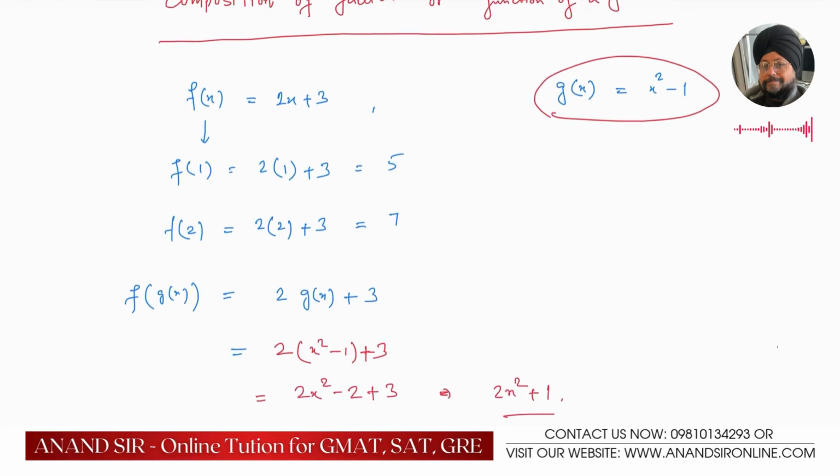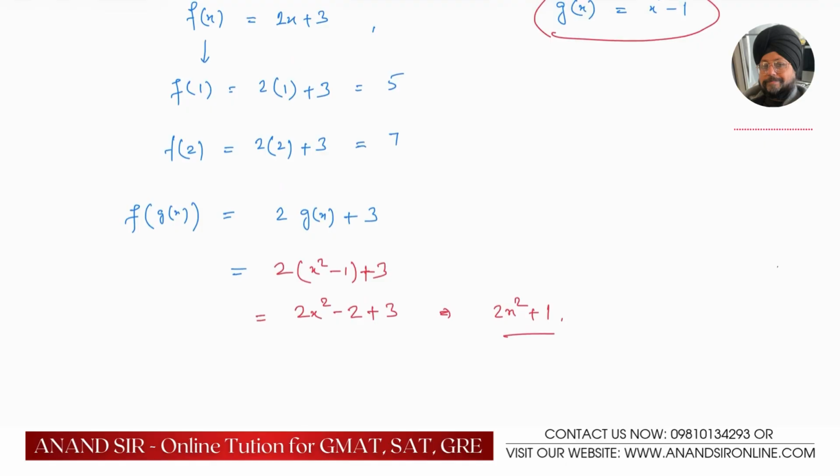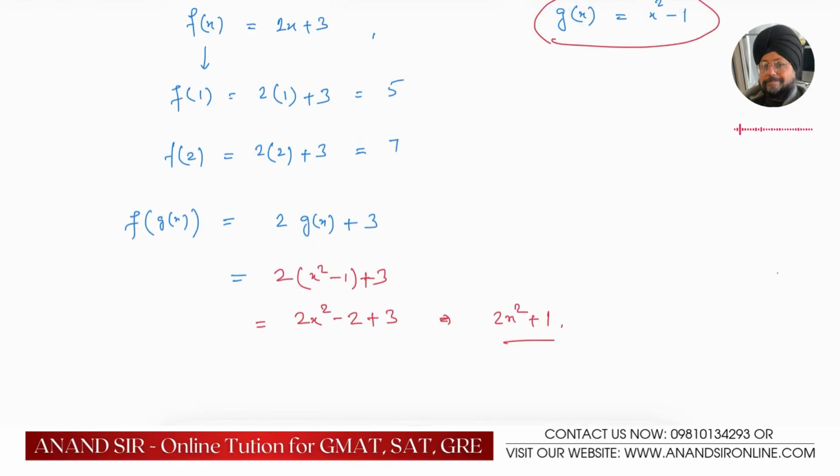So this is function of a function. We can also find g of f(x). If somebody asks you to find g of f(x), or you can say g of f, it means the same thing. It is basically in place of x over here, I have to place f(x). So g of f(x) becomes (f(x))² - 1. Now what is f(x)? It is 2x + 3.